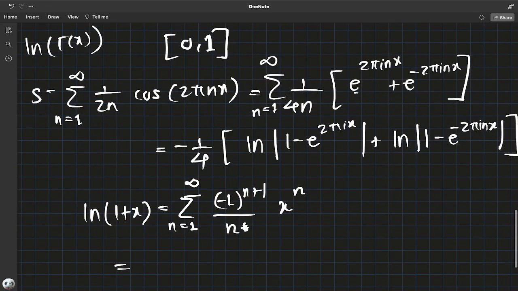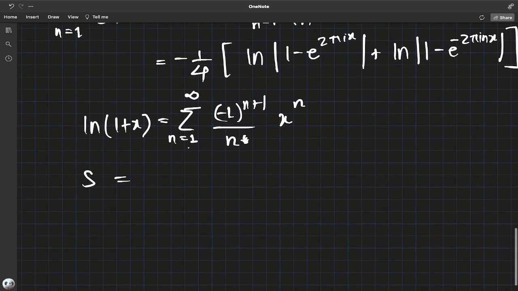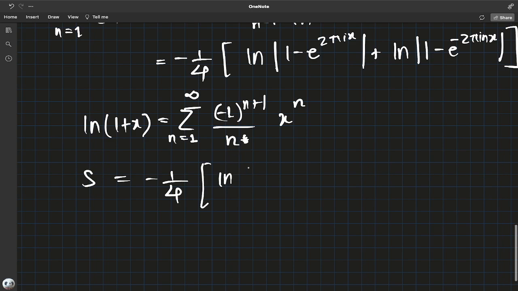I'm going to call this S. So S is now negative 1 over 4. I can do some juggling inside. Again, it's an absolute value, e to the negative i pi n x, e to the i pi. Wait, there shouldn't be an n, because that goes away in the natural log definition.